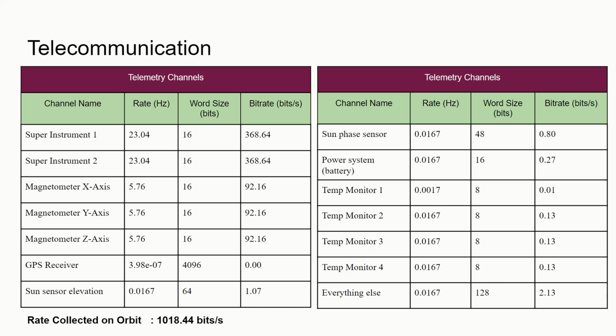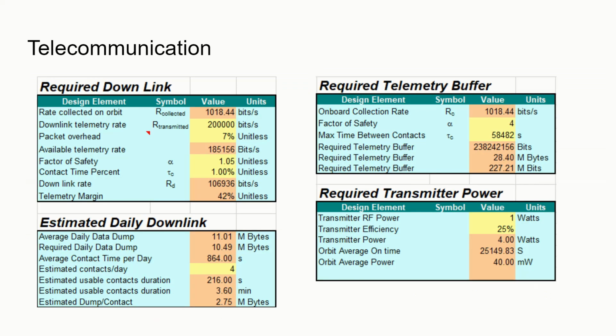And the calculated rate collected on orbit will be 1018.44 bits per second. Next. The following is the calculation for the required downlink, the estimated daily downlink, the required telemetry buffer, and the required transmitter power for the satellite.